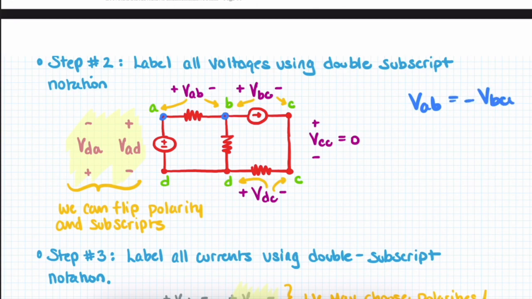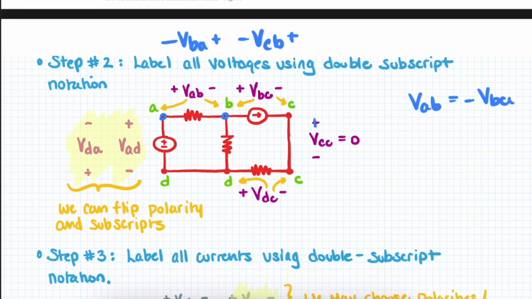The only difference is going to be the placement of the positive and the negative terminals. Okay, VAB, we have an assumed polarity of plus minus, whereas for VBA, we would have the assumed polarity of minus plus. Same thing for VBC. We could also assign a VCB.